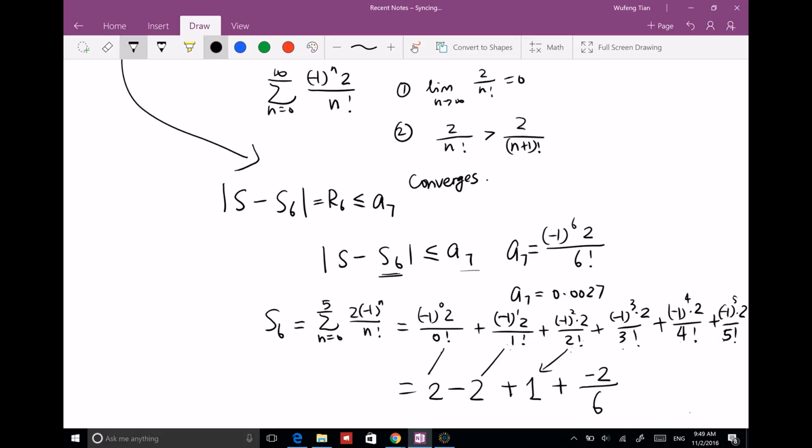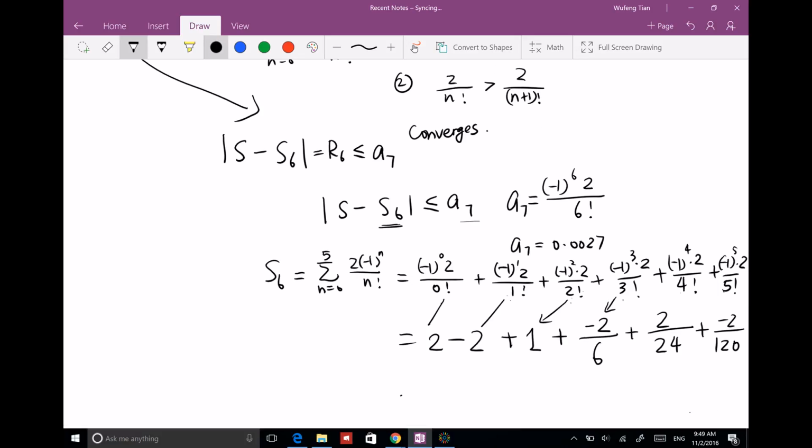This one, 4 factorial is 24, positive 2 over it. The 5 factorial is 120, and this is negative 2 over it. So now I got my answer: 0.7333. Okay, I found S6.